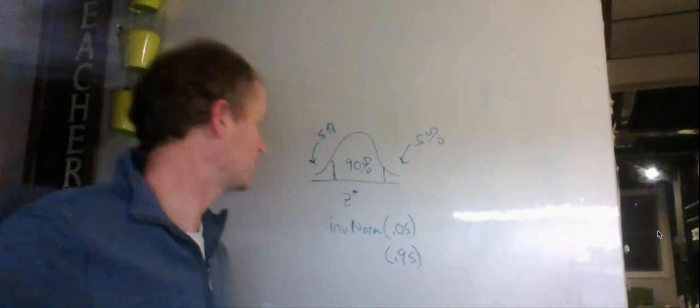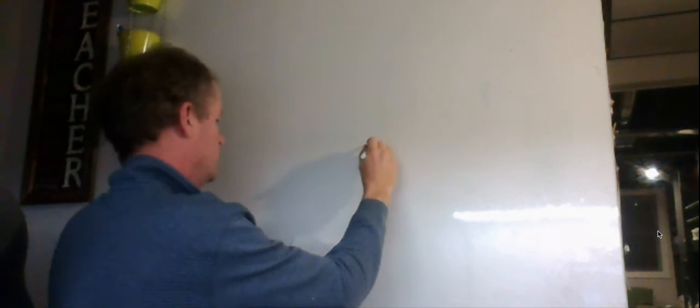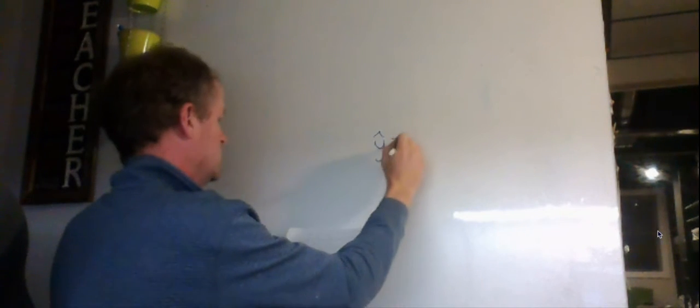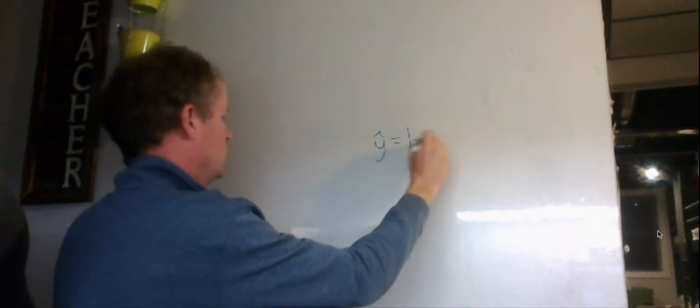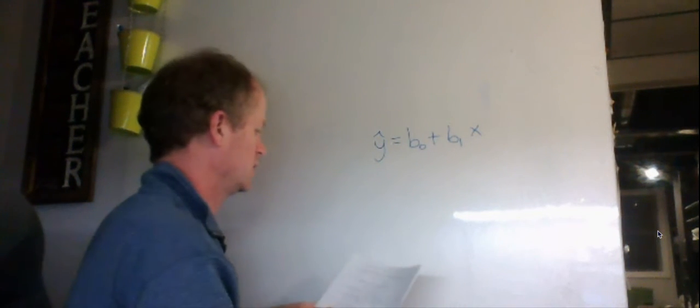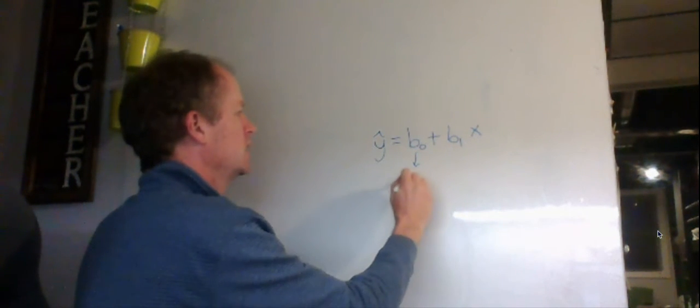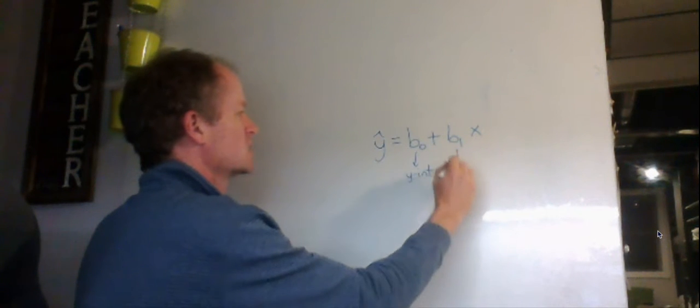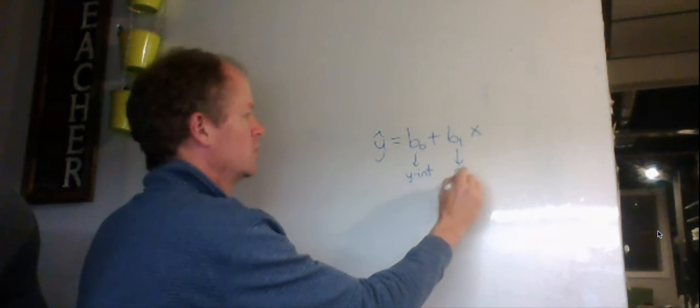Let me write that up on the board a minute. So if I have y hat is equal to b sub 0 plus b sub 1 x, then this is called the y-intercept, and this is called the slope.